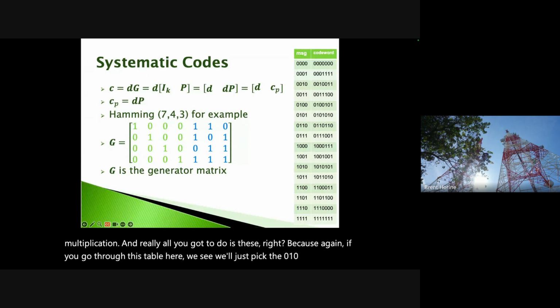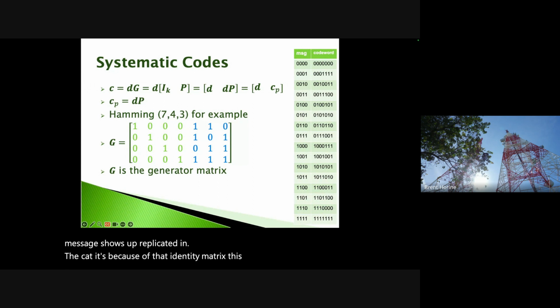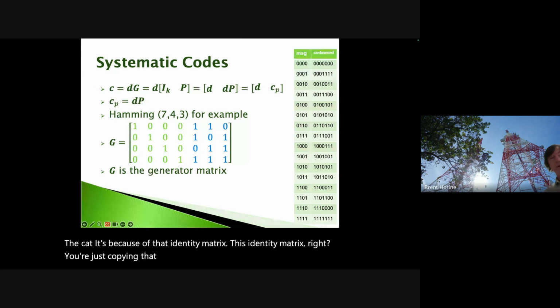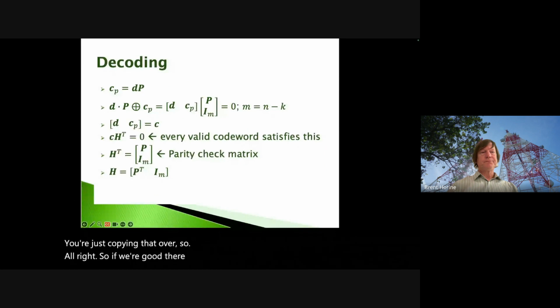We see in the code, there's a 0101 right there. That means it's systematic. That message shows up replicated in the code. It's because of this identity matrix, you're just copying that over.